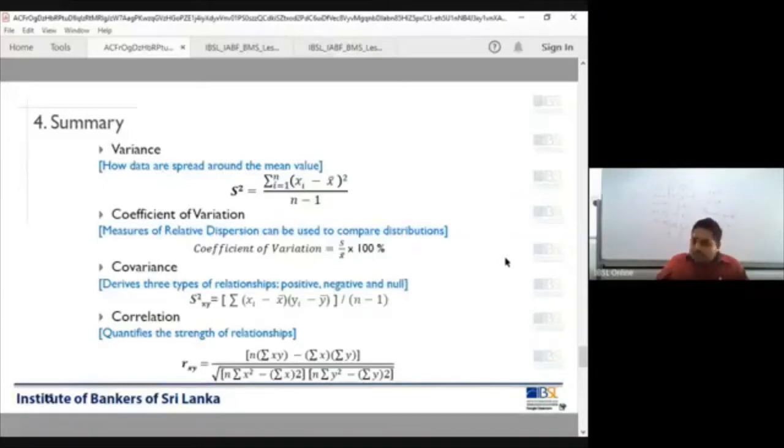Why do we calculate them? One is to identify the types of relationship, positive, negative, or no relationship, under covariance. And when you calculate the correlation coefficient, we are looking at identifying the strength of the relationship of the two variables. That's the summary for the day.